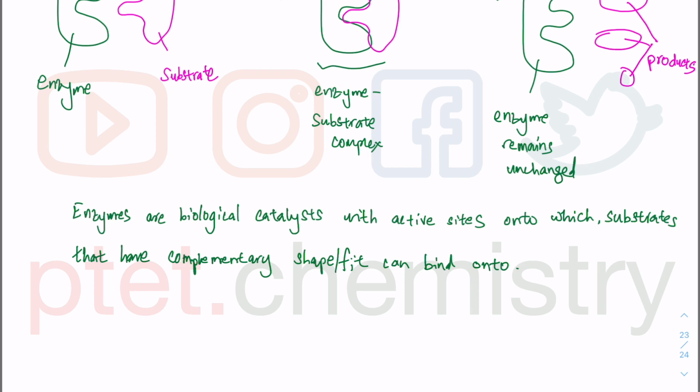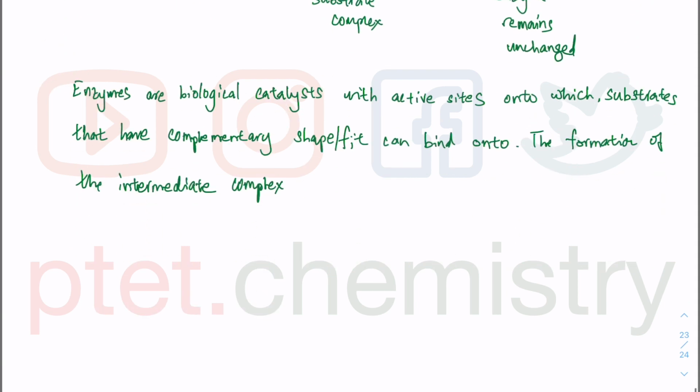Alright, so what happens is they form the enzyme substrate complex. So the formation of the complex, the formation of the intermediate complex. This last one is probably not necessary, but that's how you explain how catalysts in general lower the activation energy of a reaction by providing a new alternative reaction pathway.